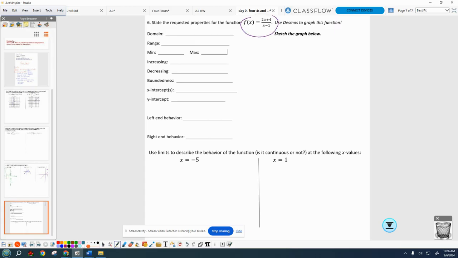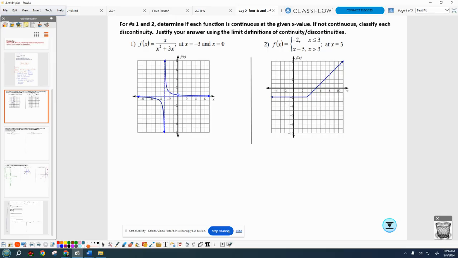I was just confused because I didn't see how the function was related to this. At -5, it looks like I can just plug -5 in and get a number. This function at 1, I gotta look at that. All right, let's look at the front and check out Desmos.